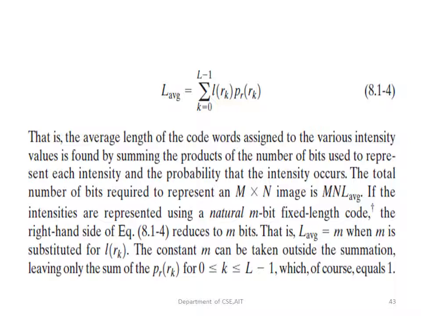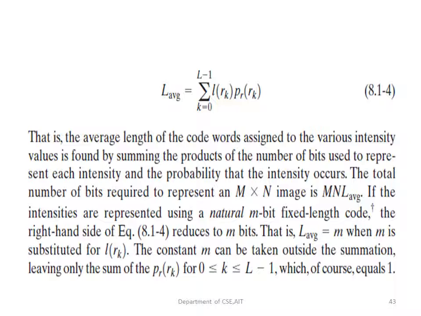That means the average length of the code words assigned to the various intensity values can be got by summing the products of the number of bits used to represent each intensity and the probability that the intensity occurs. The total number of bits required to represent the M by N image will be equal to M times N times L_avg.